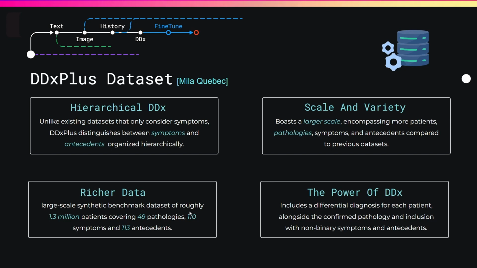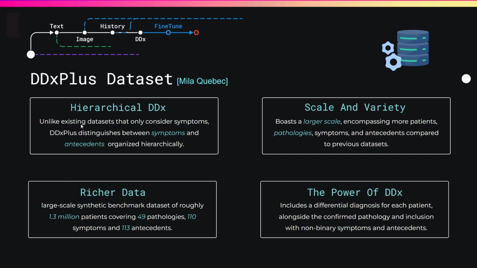So then we tried searching for a data set that was available that contained this type of differential diagnosis. There were not many data sets available in the market. Only one, the DDXPlus data set, was available, and it contained hierarchical differential diagnosis.